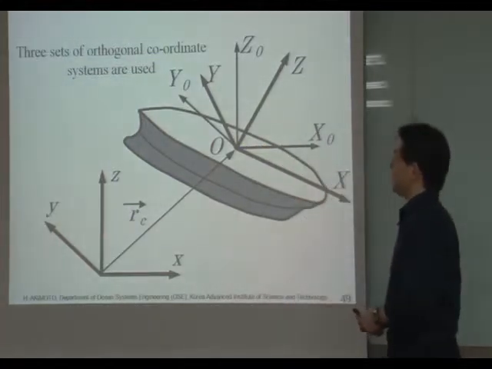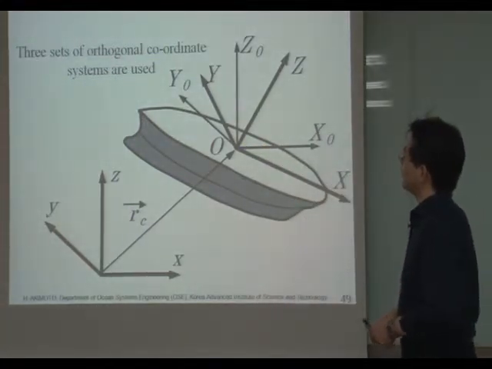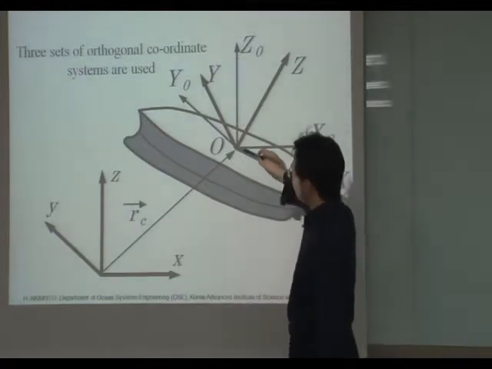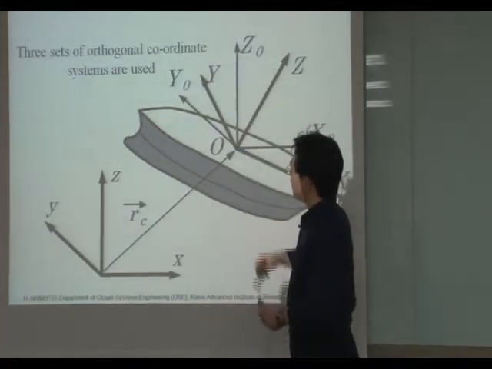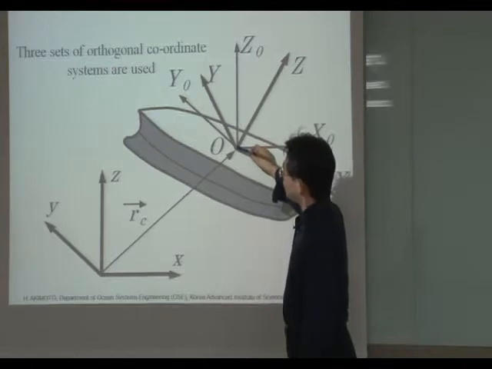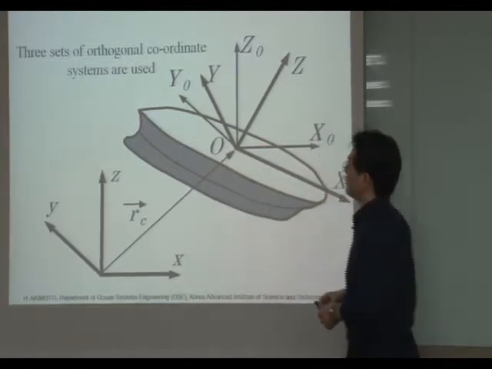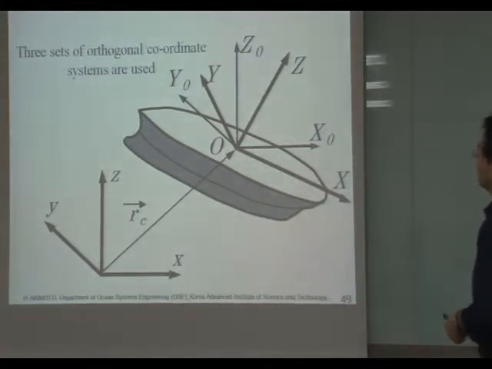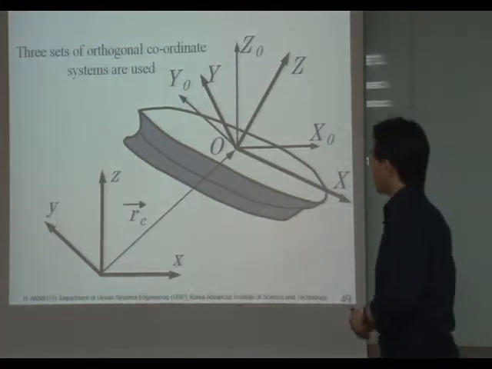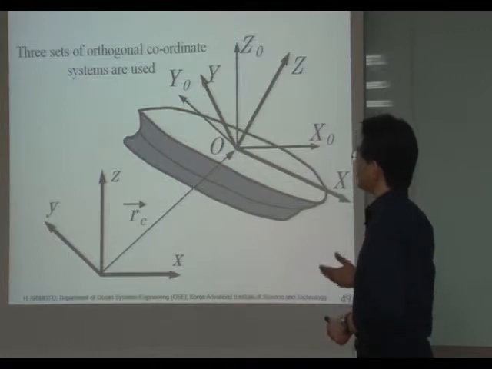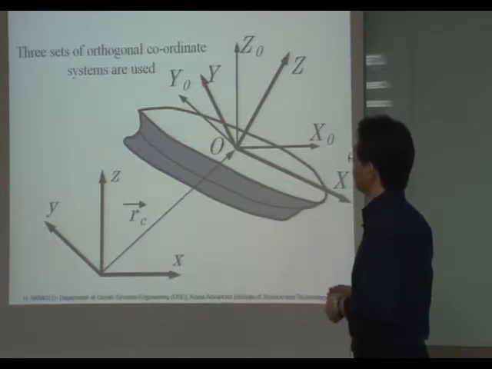For simplicity, the origin of moving coordinates is now on the center of gravity of the moving object. In this case, it is the center of gravity of the ship. There are two approaches for the treatment of moving ship.